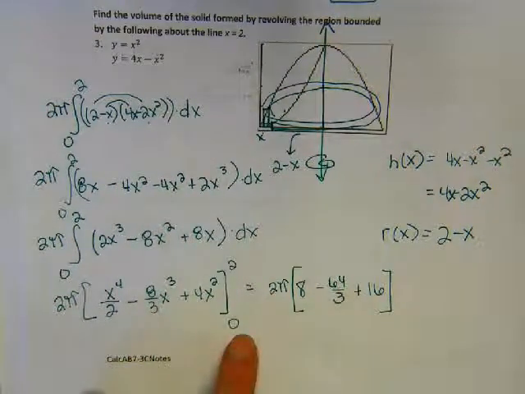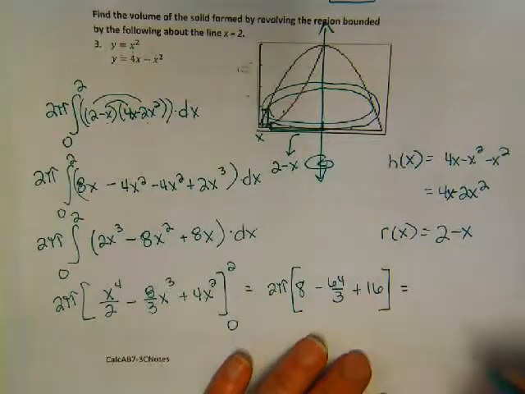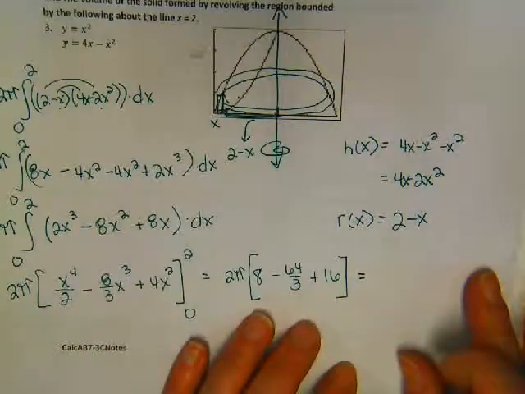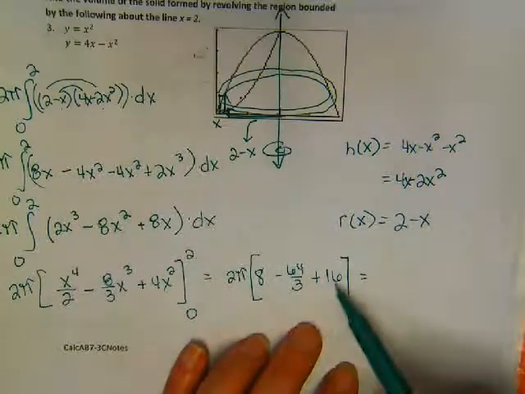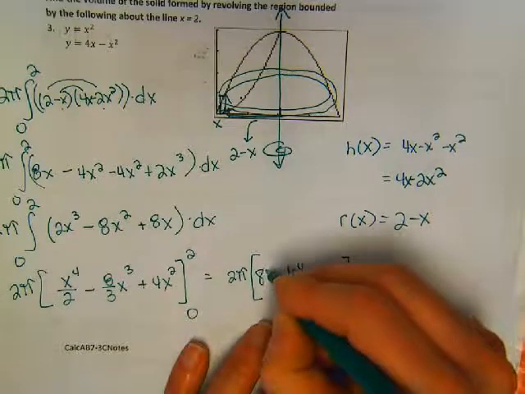Oh, and I didn't put that 0 in there because when I subtract it's going to be a 0. Okay, alrighty. Well, I can do 8 plus 16 to get 24, I guess.